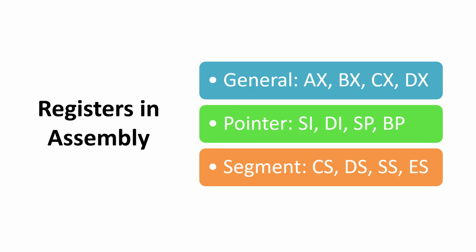Next, we have pointer and index registers SI, DI, SP, and BP, which help manage data locations, stack operation, and memory access. Finally, segment registers CS, DS, SS, and ES store the starting address of the memory segments, helping the CPU organize code, data, and stack. Together, these registers are the CPU's toolkit, enabling fast and efficient execution of assembly instructions.